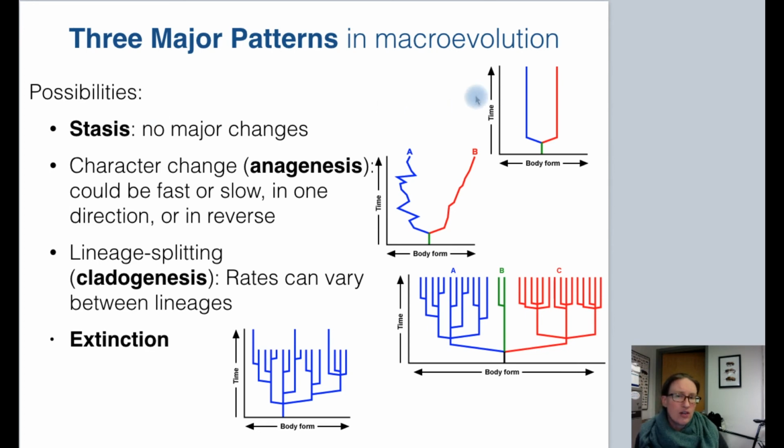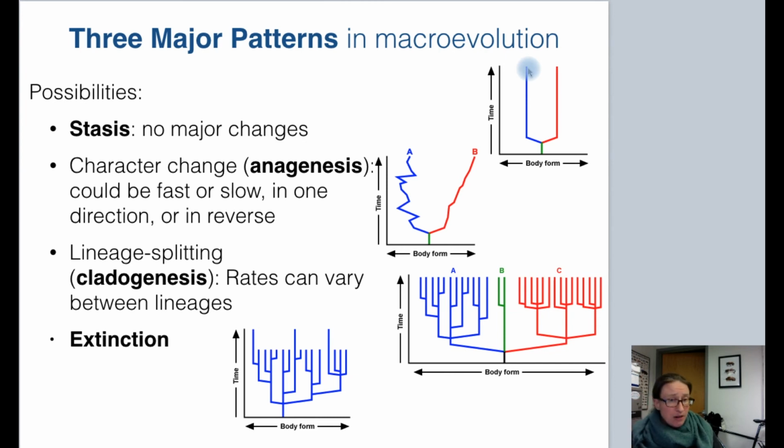I've illustrated that with a little phylogeny up here on the upper right. This is again organized by differences in body form on the x-axis, with evolutionary time on the y-axis. With stasis, there are some periods of time where there aren't major changes.